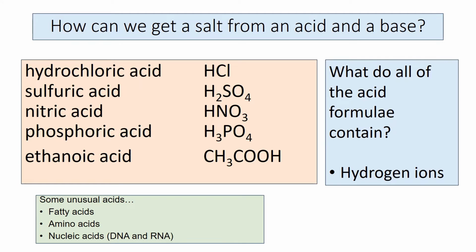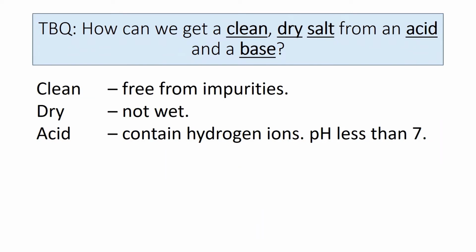That is why it's known as ethanoic acid. So we can add to our big question: acids all contain hydrogen ions, and you might know that they also have a pH less than 7. Pause the video and just jot that down as part of your big question.